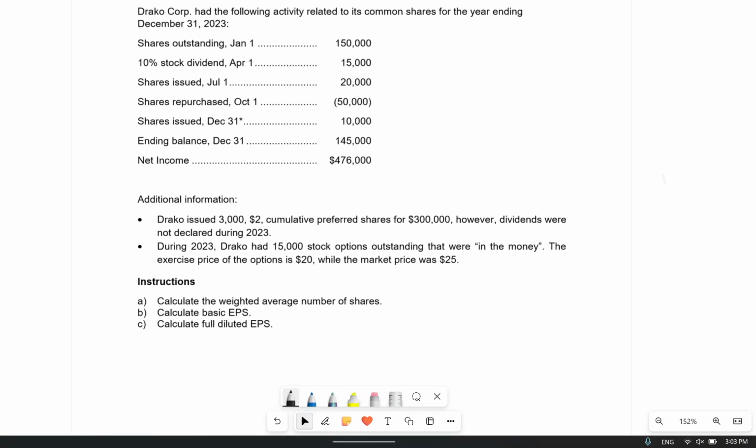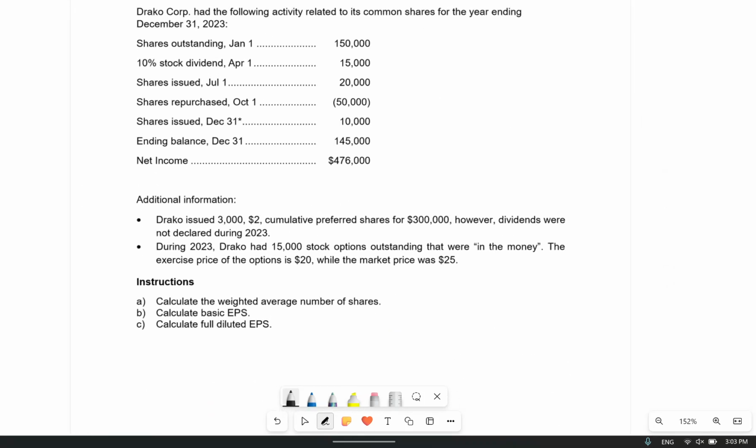Now this question is similar, but in this case we have a diluted earning per share. They told us to calculate the weighted average shares first. But in this case we have 10% stock dividends and they repurchase.